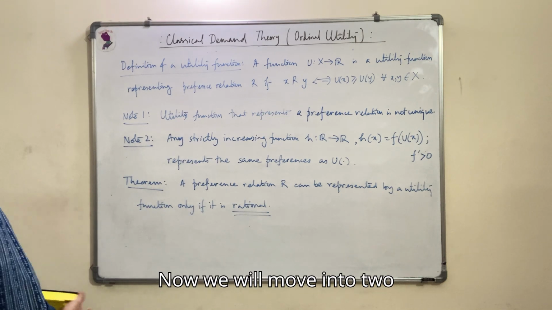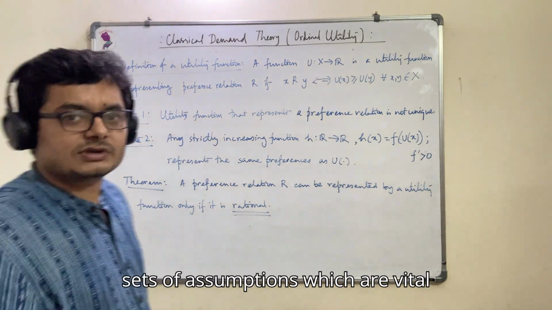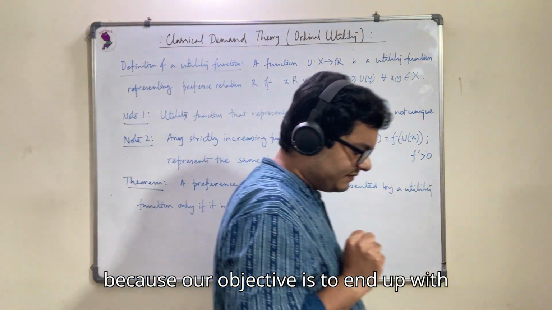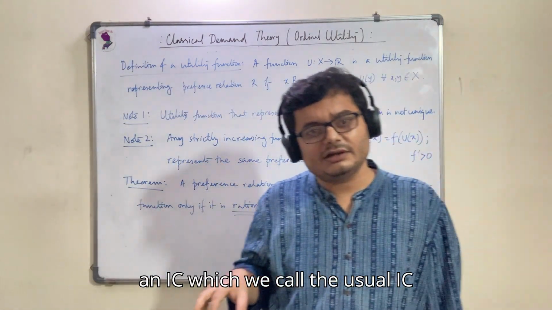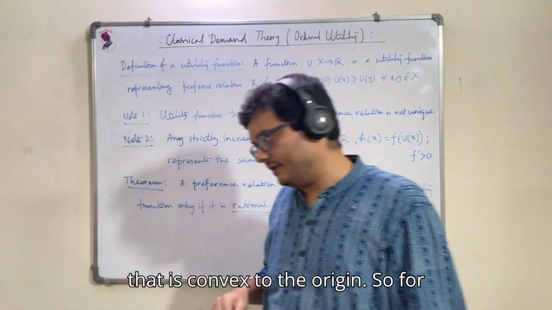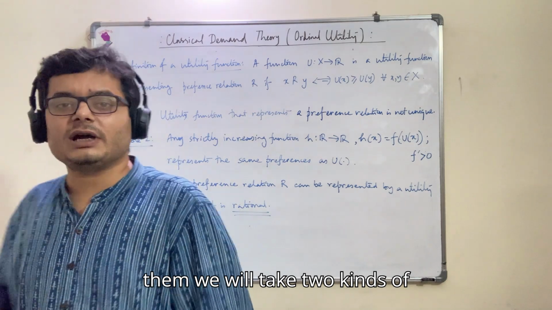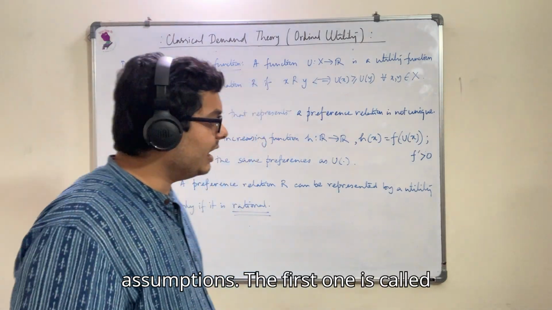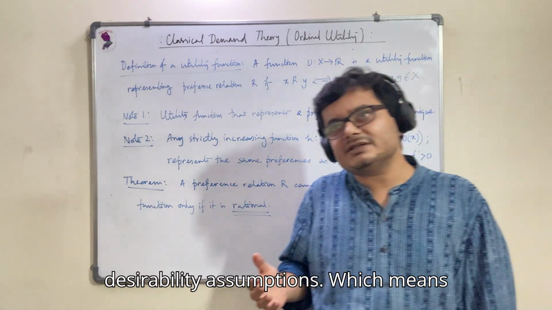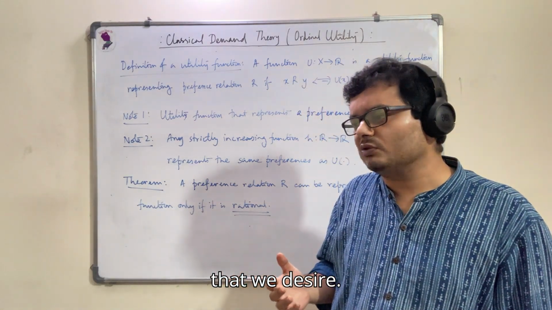So now we will move into two sets of assumptions which are vital, because our objective is to end up with an IC, which we call the usual IC, that is convex to the origin. So for that we will take two kinds of assumptions. The first one is called desirability assumptions, which means that we desire them.